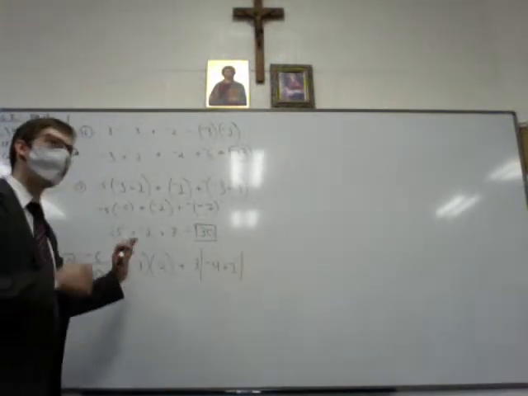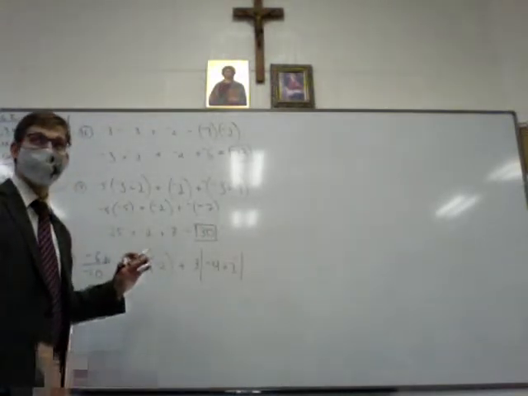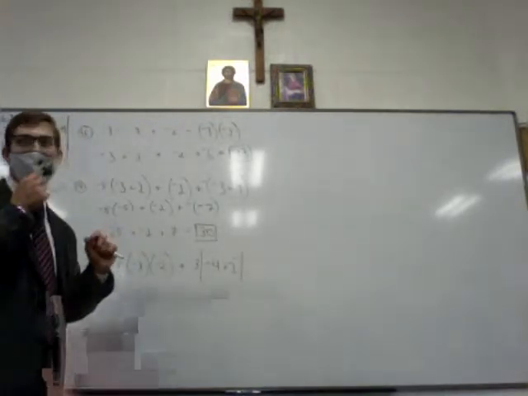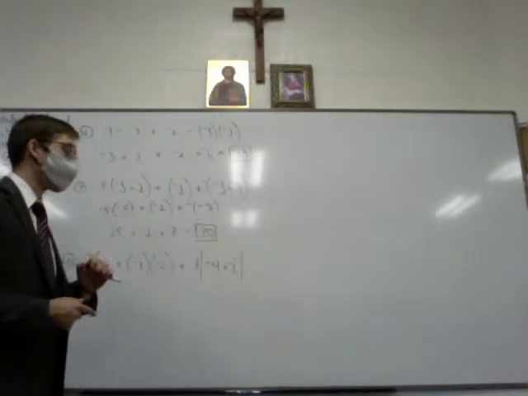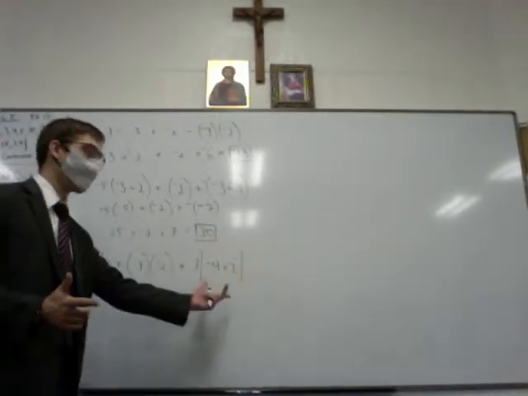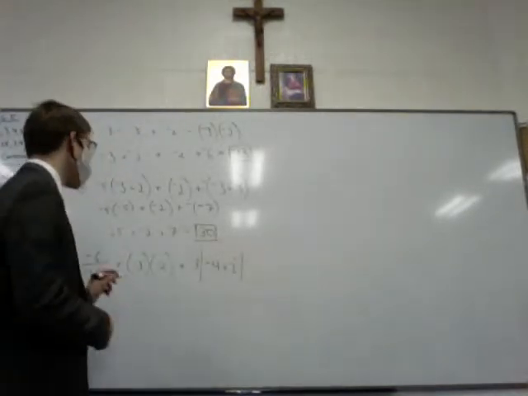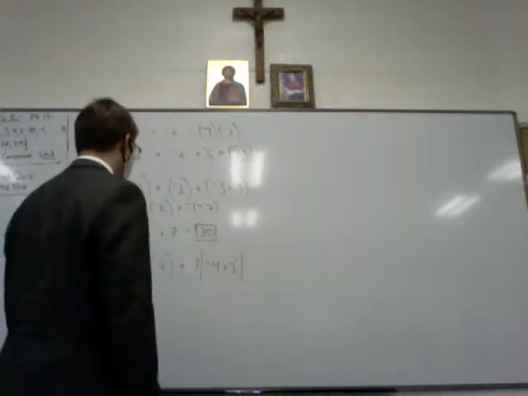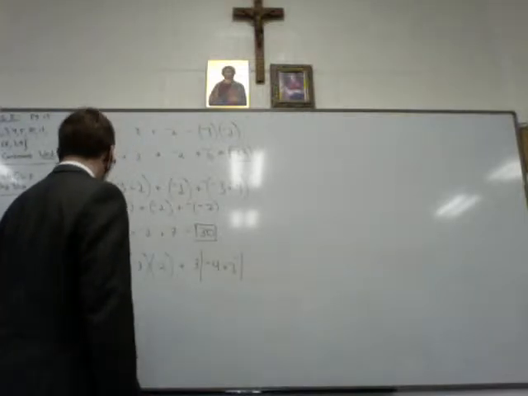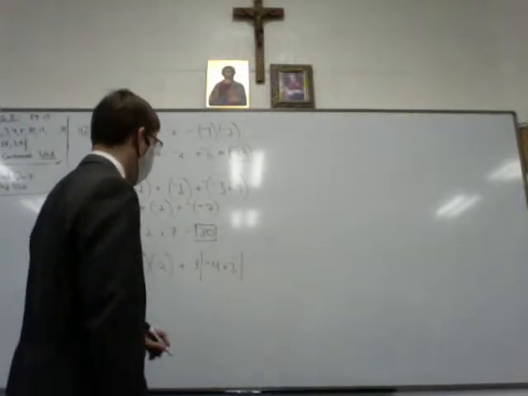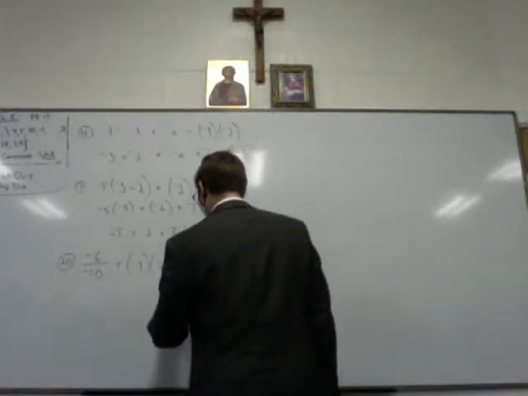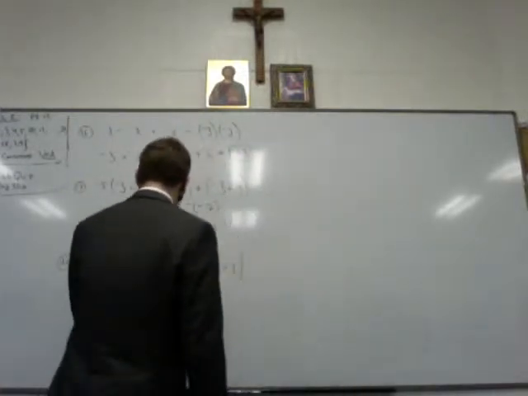There's nothing happening inside these parentheses; the multiplication happens between them, not inside them. We want to do the stuff inside the parentheses first, and the pipes count as parentheses. So first we do negative 4 minus 2, or negative 4 plus negative 2. What do we get? Negative 6. The rest of this is still the same.